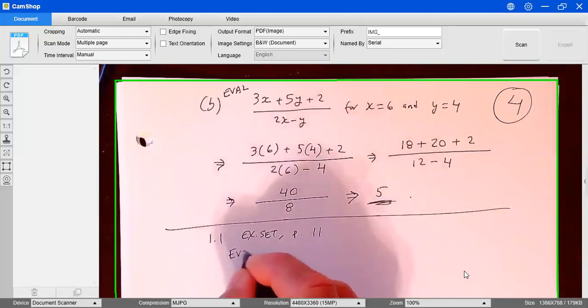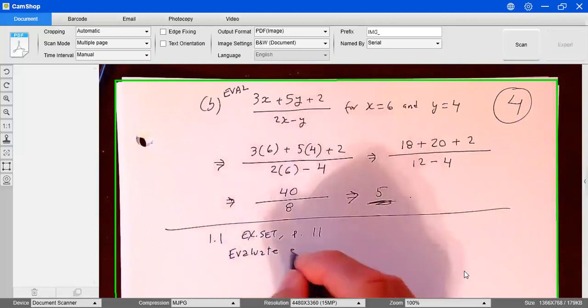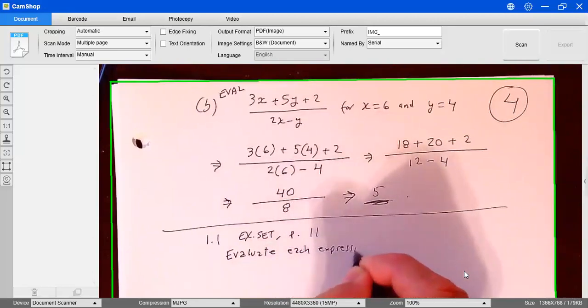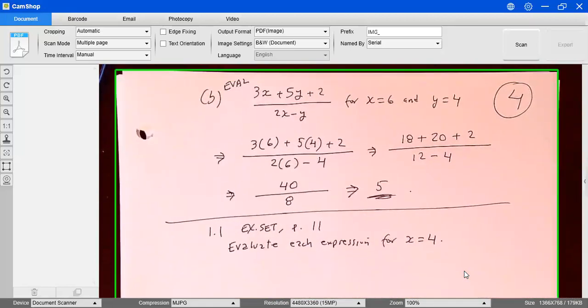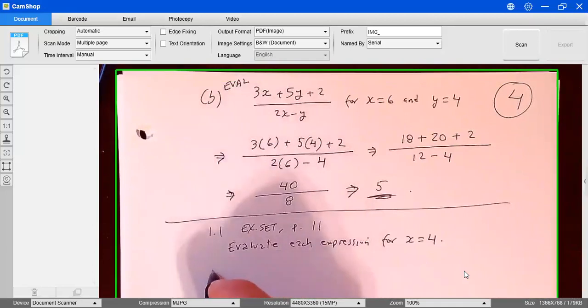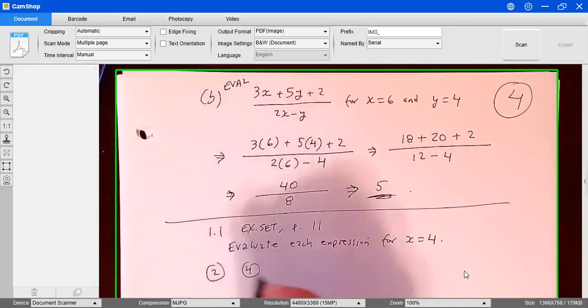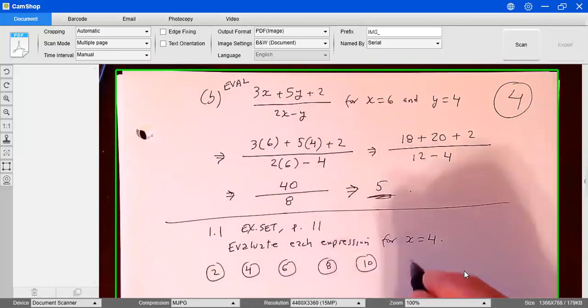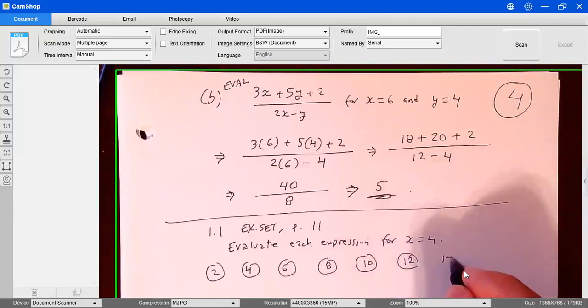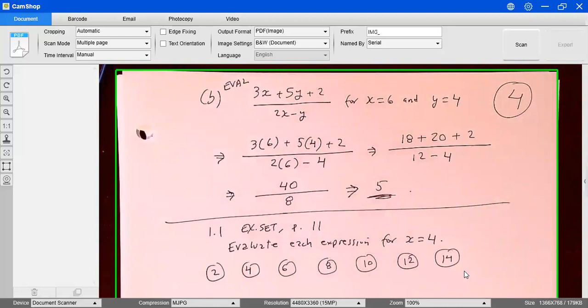The directions are that you're going to evaluate each expression for x equals 4. I recommend you work the following exercises: 2, 4, 6, 8, 10, 12, and 14. But if you don't have enough time to work on those because you work or you have other activities to do, I'm going to ask you to work at least 2 of them, the most important ones.